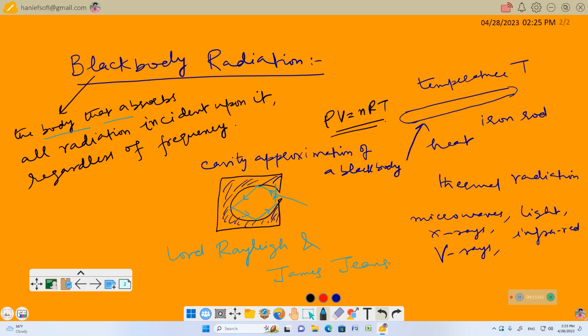What they did was examine the spectrum of this black body, the approximate cavity radiation. When we experimentally observe the radiation emitted by this black body or cavity, and graph it, we get this pattern.